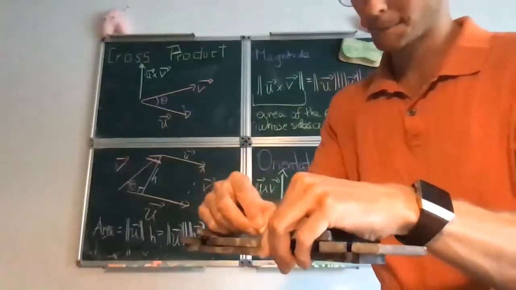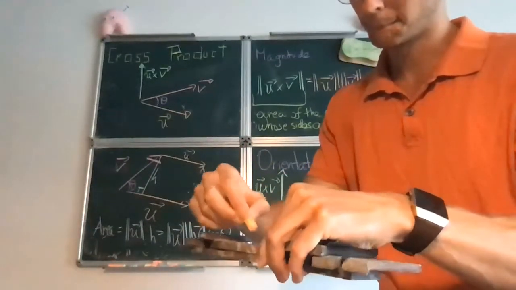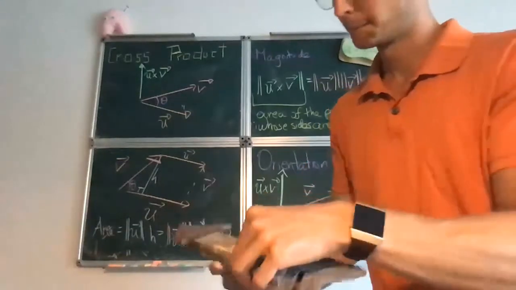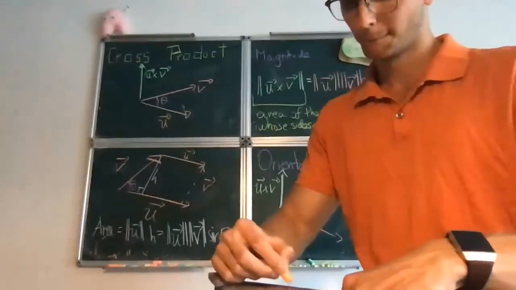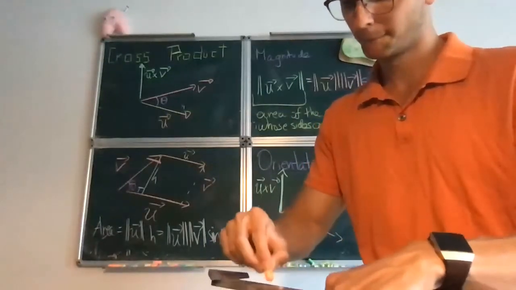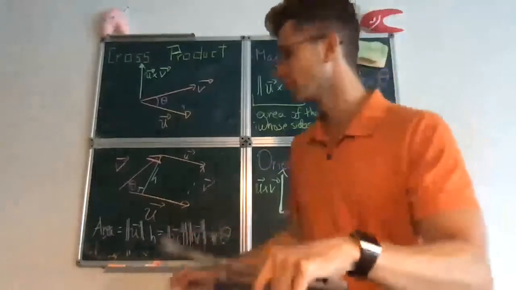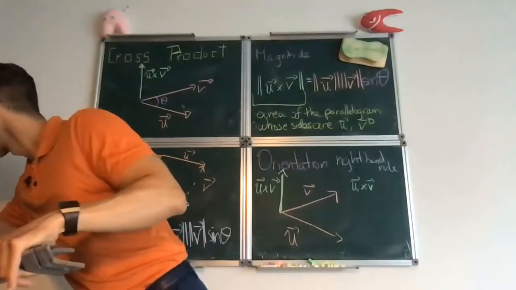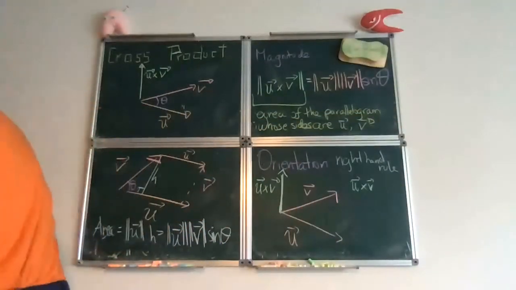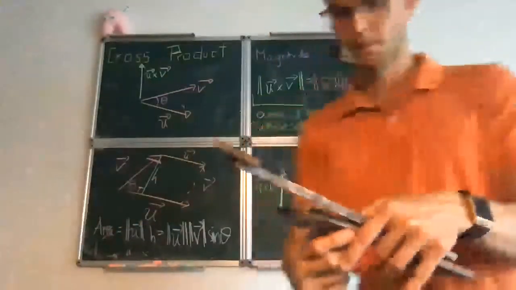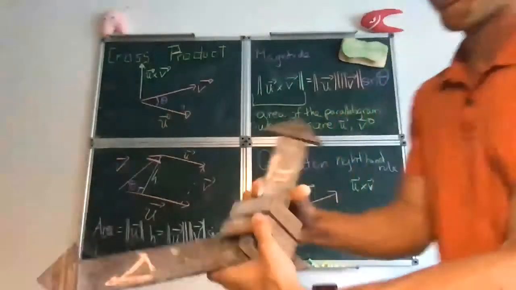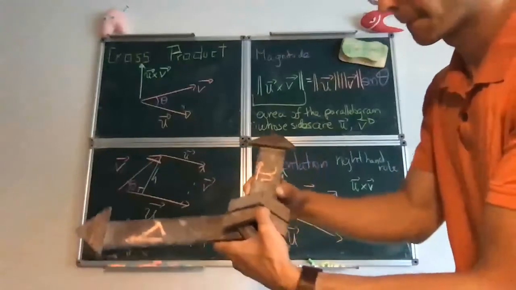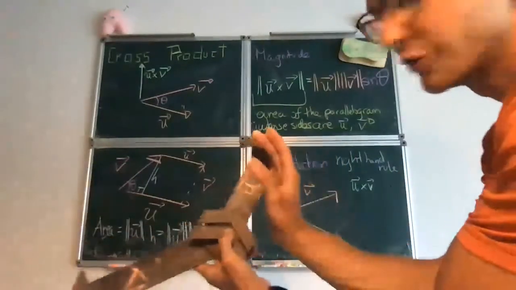So this is u. This is going to be v. So I want to do u cross v.